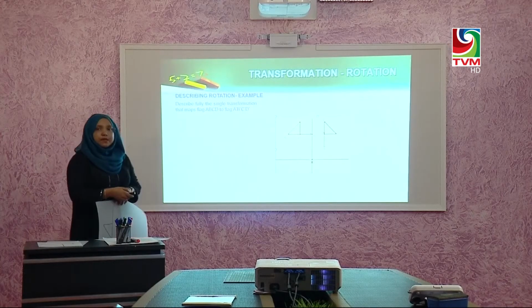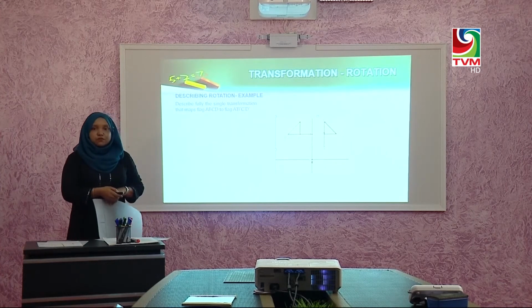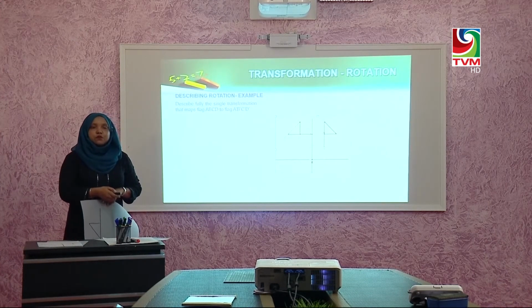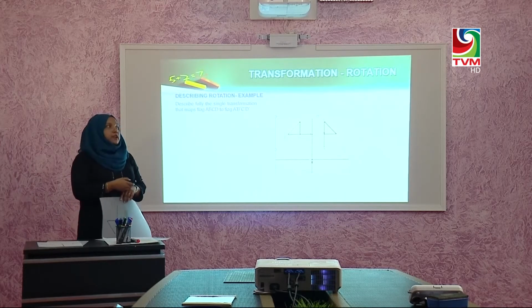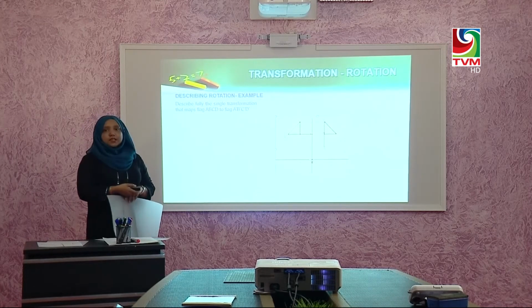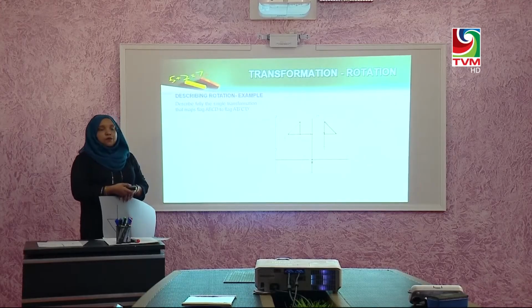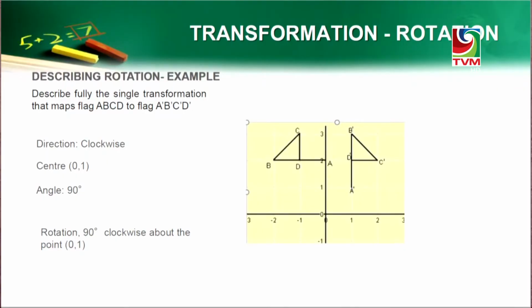So when describing a rotation, you have to be very specific. You have to state the word rotation and then how much it has rotated, that is the angle of rotation, and in which direction it has rotated, also from where the object is rotated.